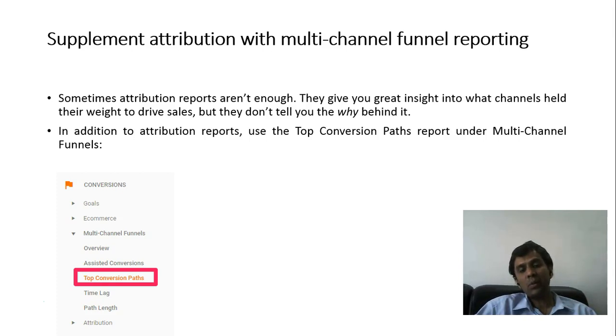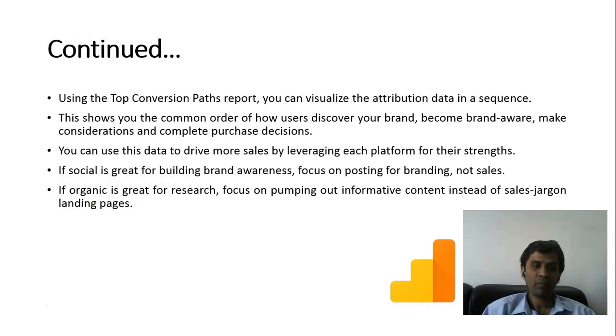In addition to attribution reports, use the top conversion path report under the multi-channel funnel. Using the top conversion path report, you can visualize the attribution data in a sequence.